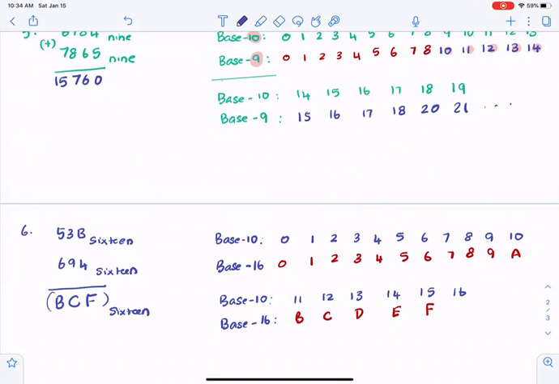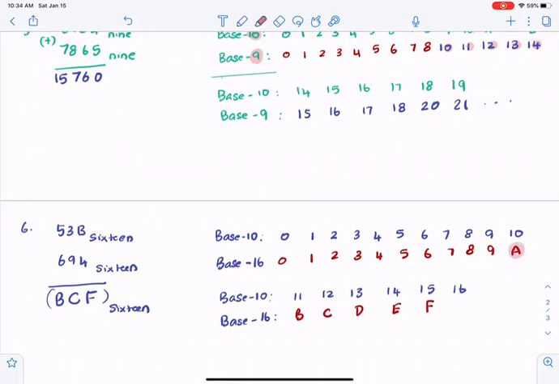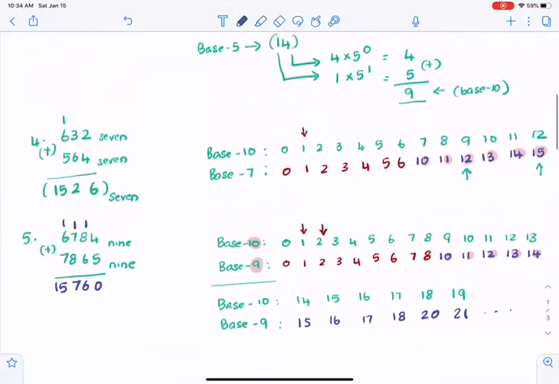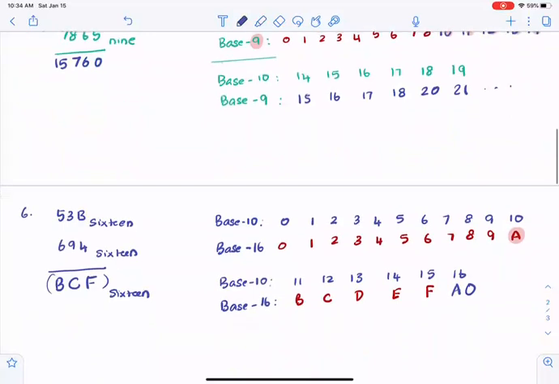If I have to write 16, I will pick A over here and cycle through from 16 onward. So I would write it as A0, next one would be A1, A2, A3, and so forth. And adding in this base 16 is relatively easier compared to other bases because I don't have to carry something forward to the next step in addition.